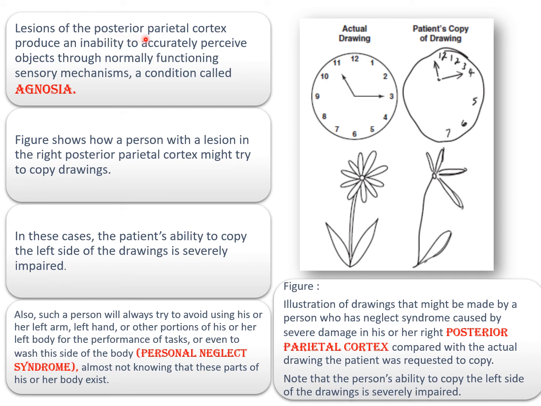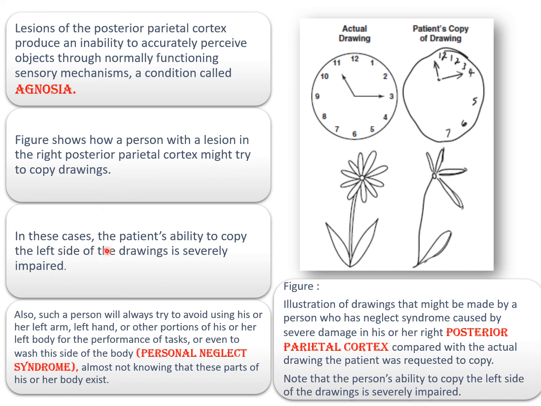Now a lesion of the posterior parietal cortex produces an inability to accurately perceive objects through the normally functioning sensory mechanism. That condition is known as agnosia. This figure shows how a person with a lesion in the right posterior parietal cortex might try to copy a drawing.